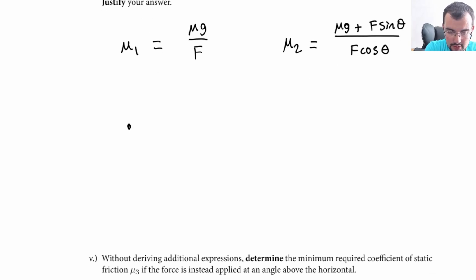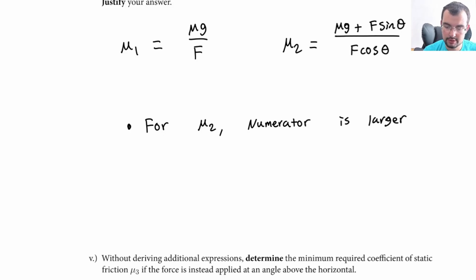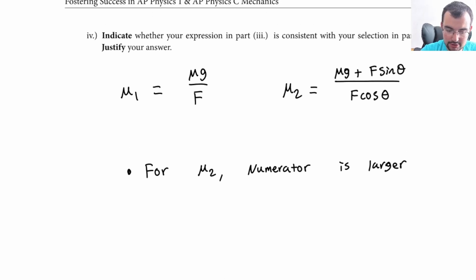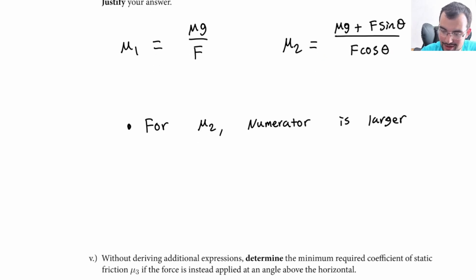Well, first of all, for mu2, the numerator is larger, right? Because our original expression just had mg in the numerator. Our other numerator has mg plus stuff. So the numerator is larger. But that isn't enough because the denominators aren't the same. So how do these compare? Well, also, remember that F cos theta is just a slice of F. It's not the whole thing.